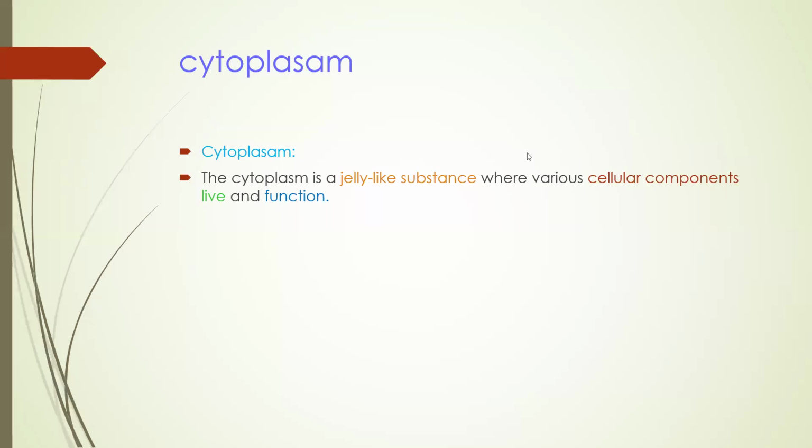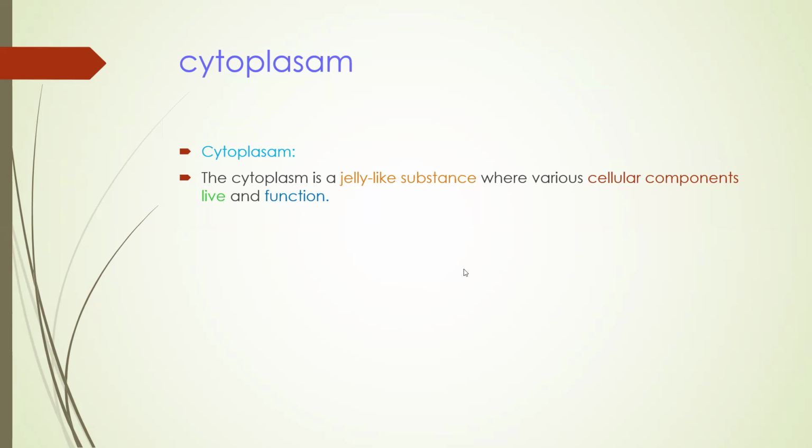Okay, cytoplasm looks like a jelly-like substance. These cellular components are present in cytoplasm. The nucleus contains the cell's genetic material.